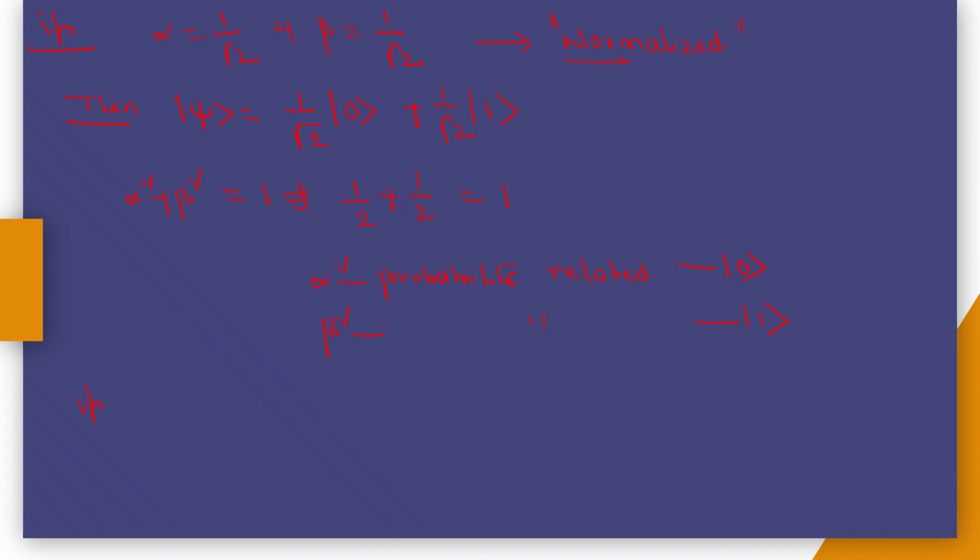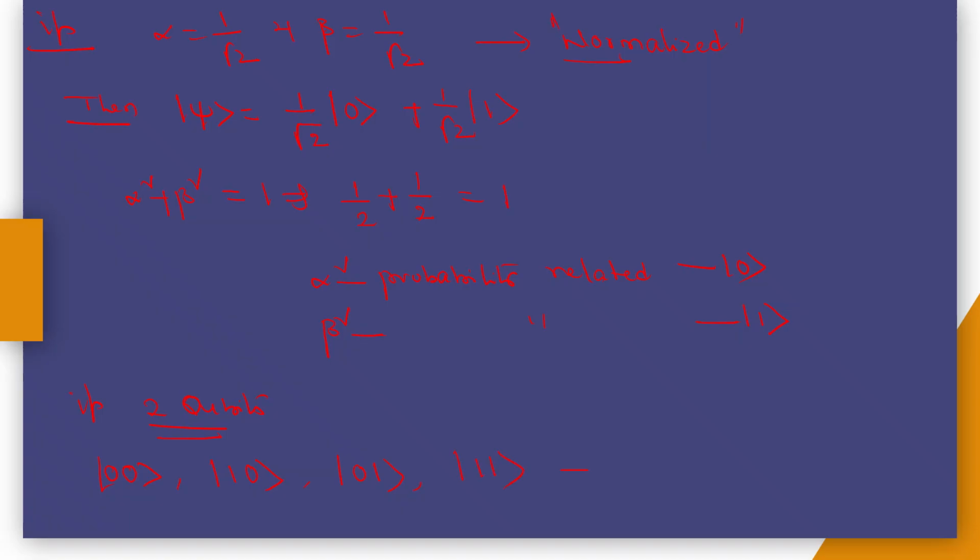If 2 qubits, in the case of 2 qubits, first we need to check what the basis states are. So obviously 00 is one basis state, comma 10 is another basis state, comma 01 is another possible basis state, comma 11 is another possible basis state.